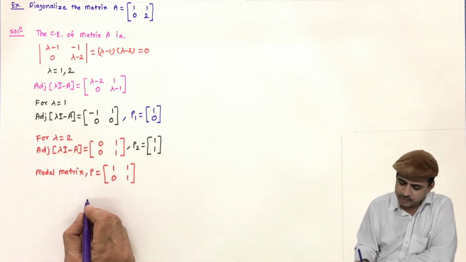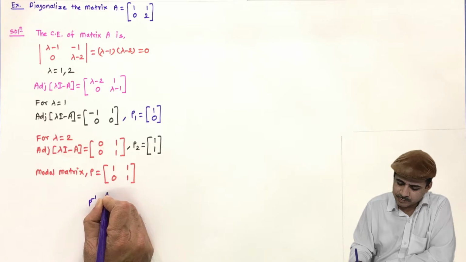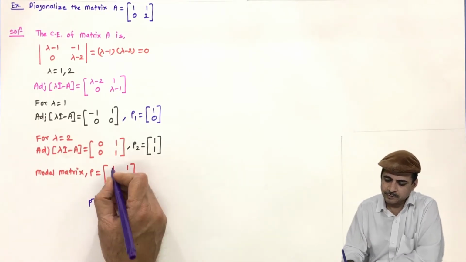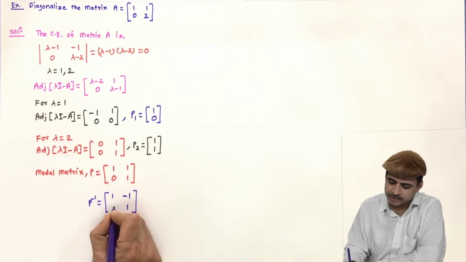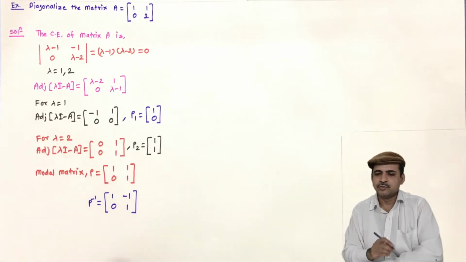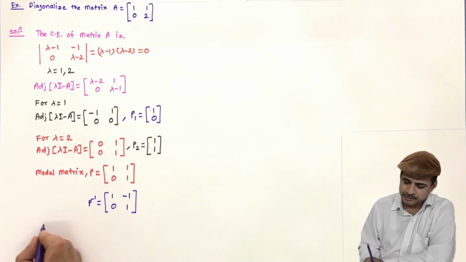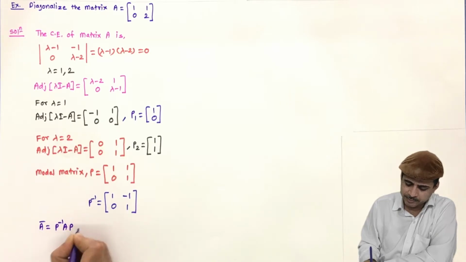Then its inverse, interchange these two diagonal elements, change the sign of the off-diagonal element, divided by determinant which is 1, gives P inverse. And now let us find out A bar equal to P inverse AP.